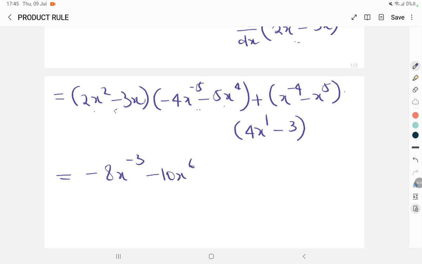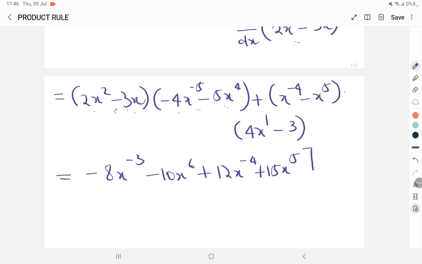Then we take this one multiplied by this one, it's gonna give us 12x to the power of -4, right? Then this one multiplied by this one is gonna give us 15x to the power of 5, right?